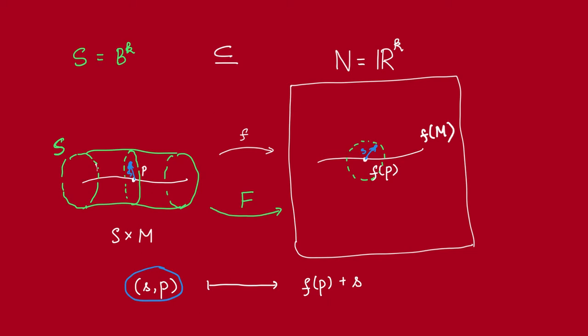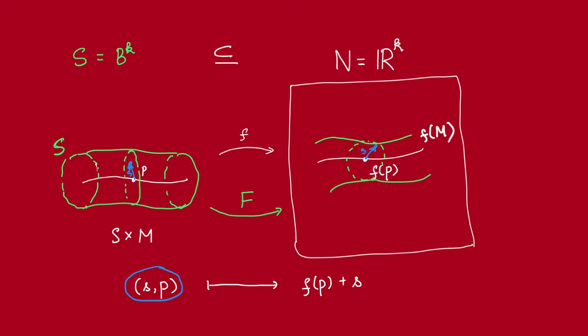Basically, the idea is we have a unit disk centered at p here, and we just take that exact unit disk and put it here, but with the center at f(p). This gives us a family of smooth maps from M to the Euclidean space. At every point s, we have a map F_s, which is just F(s, ·), from this copy of M into the Euclidean space.